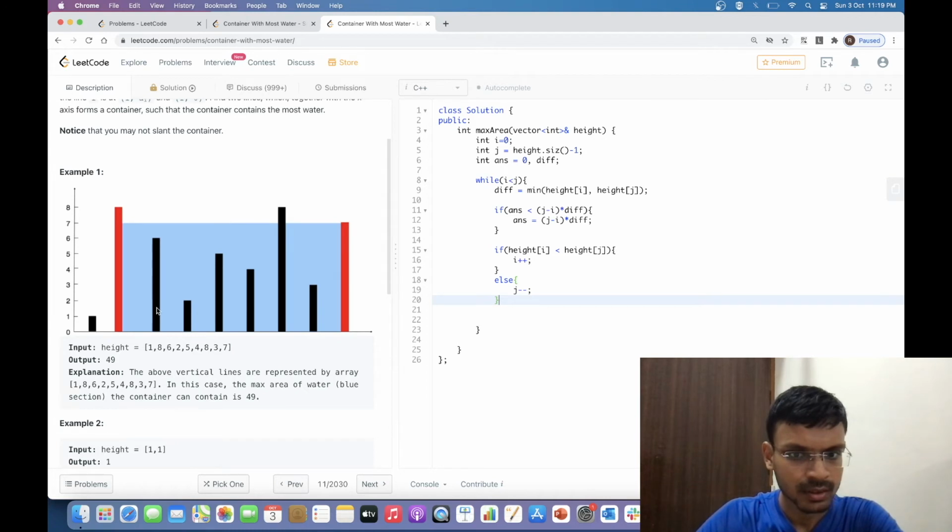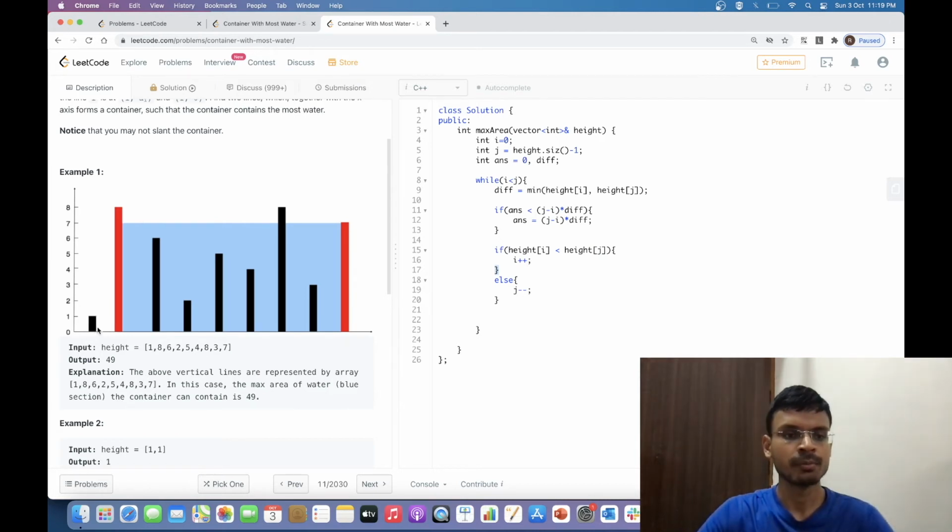Why are we doing this? We start with height of i being 1 and height of j being 7. We calculate the length as j minus i, and the diff variable would have value 1 because it's the minimum among 1 and 7.